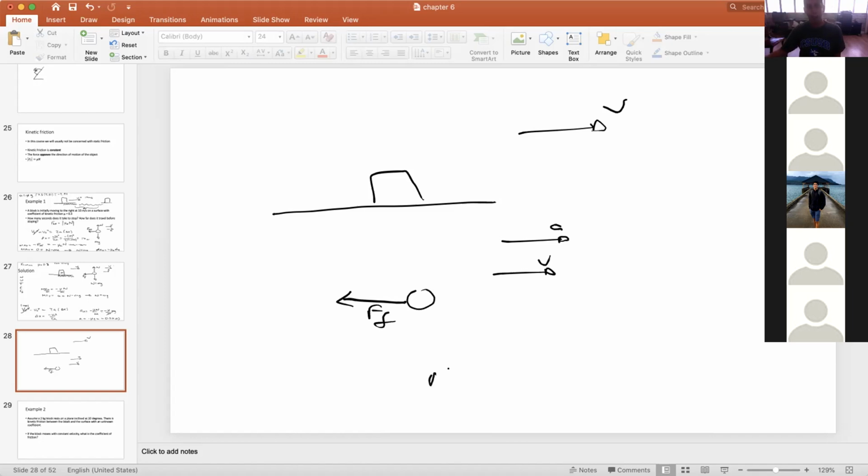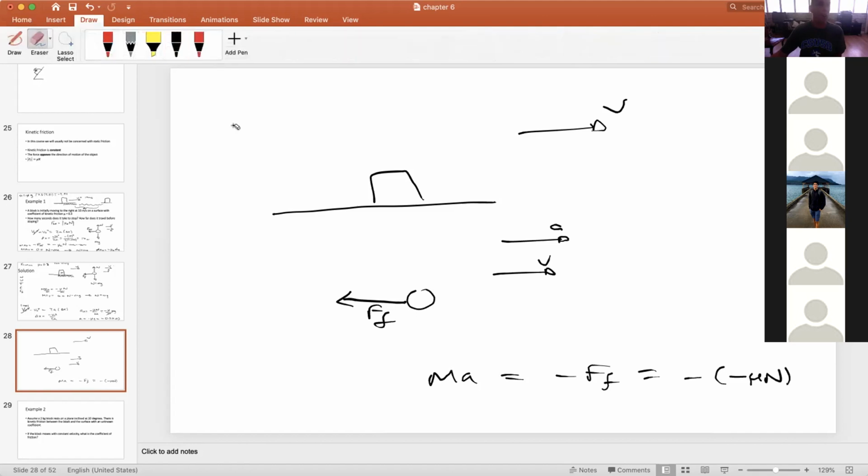So when I write my Newton's equation, ma is negative force of friction. I do not write negative mu n. This is not correct. Yeah. That's where they got that negative from, in that equation.